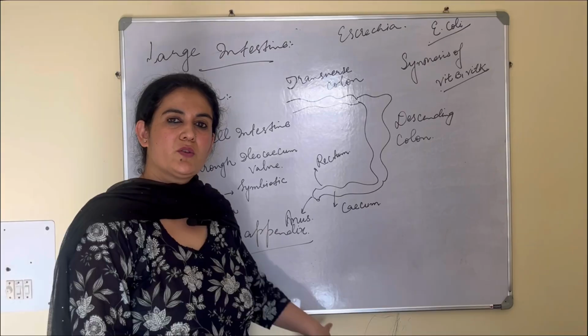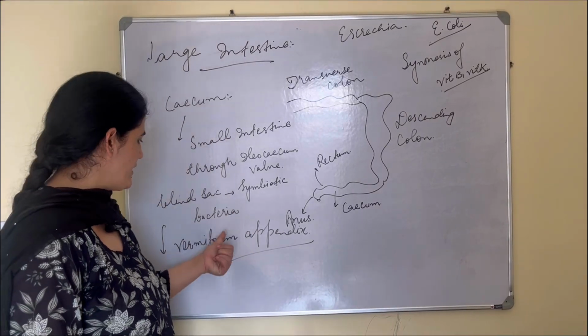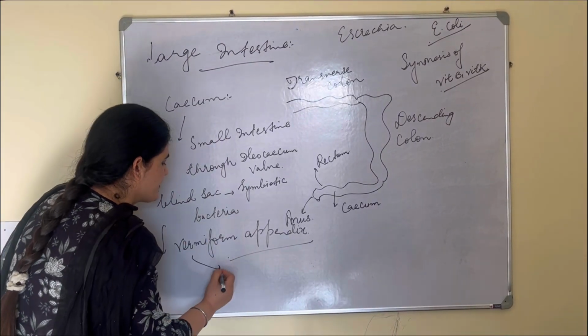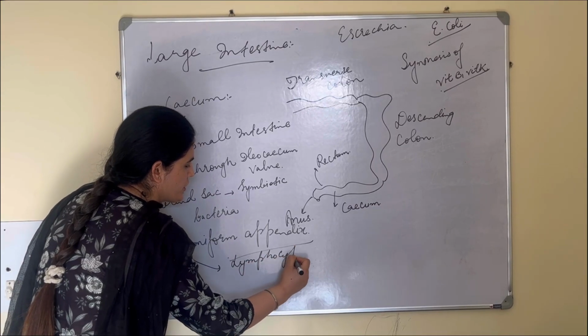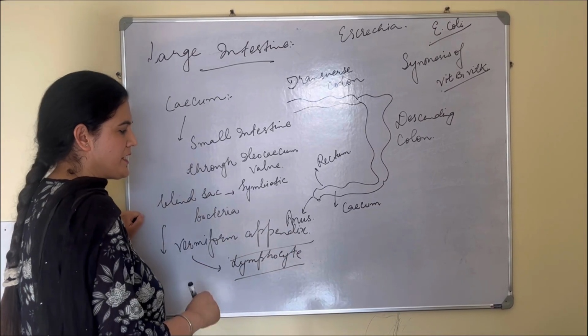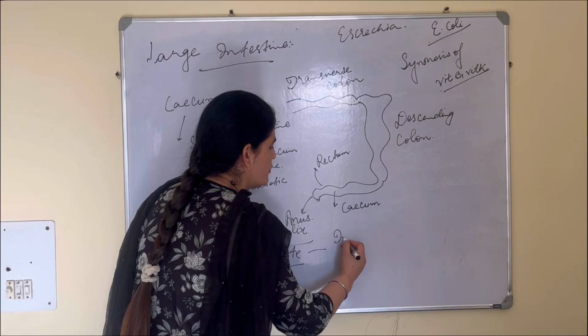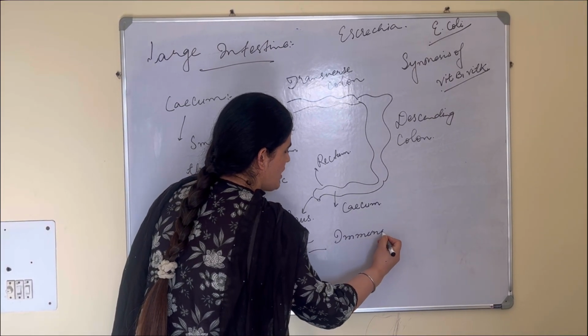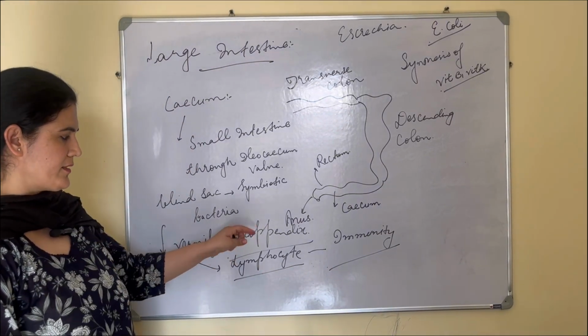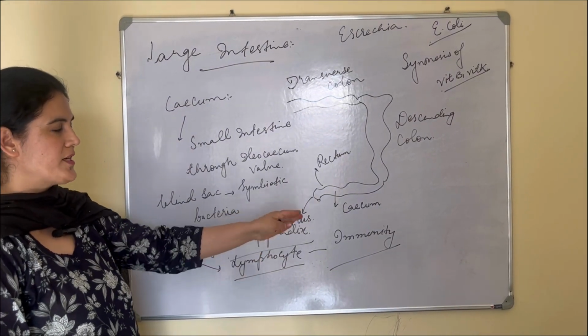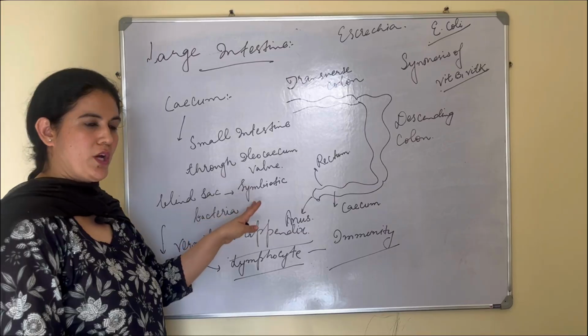But now a recent research has stated that the vermiform appendix contains lymphocyte cells. Lymphocyte cells help in providing immunity to our body. So the vermiform appendix has importance now, as it contains lymphocyte cells which provide immunity to our body. Okay.